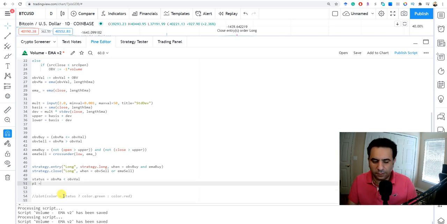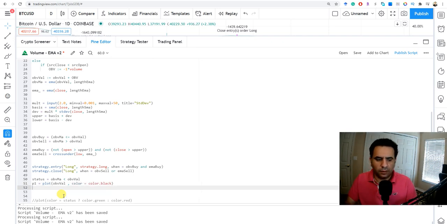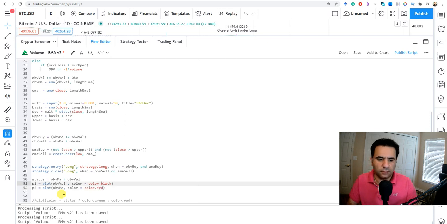Let's say P1 is plot OBV val, and color is equal to color dot black, and P2 is equal to plot OBV MA, and color is color dot blue, or let's say red.